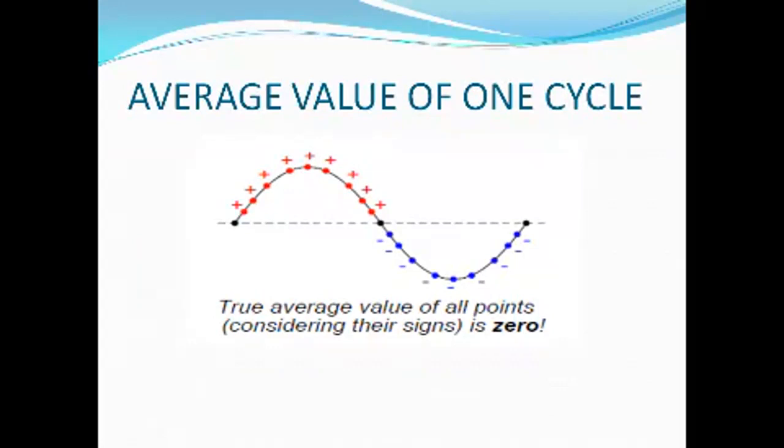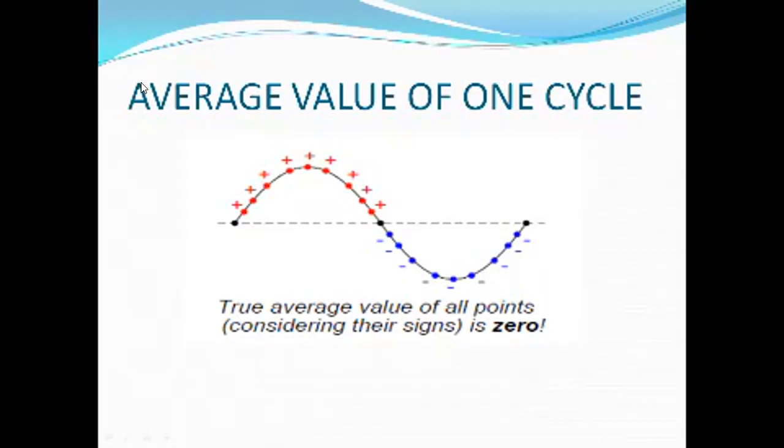The average value of an alternating quantity. Here an alternating waveform is shown, that is, a sinusoidal waveform. The average value of an alternating quantity is defined as that value which is obtained by averaging all the instantaneous values over a period of half cycle.